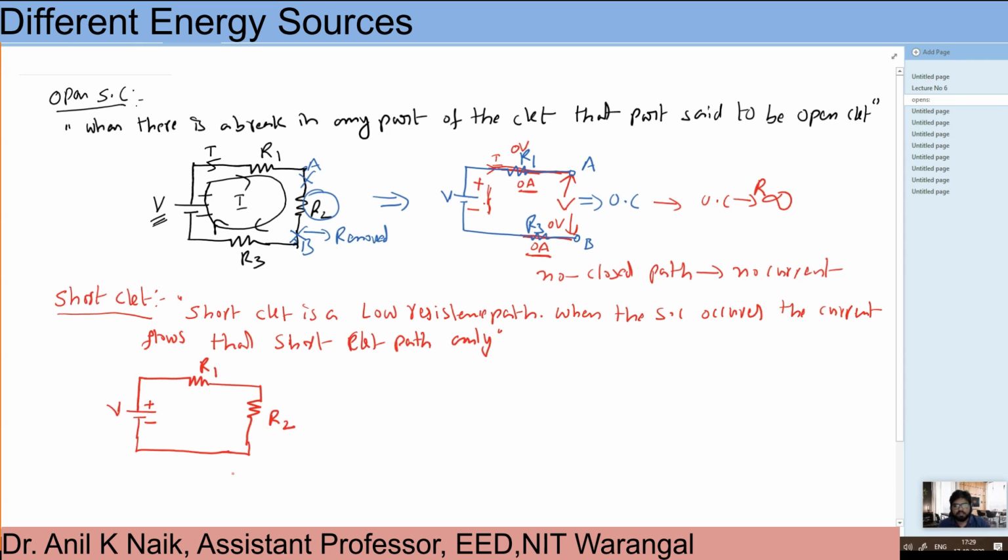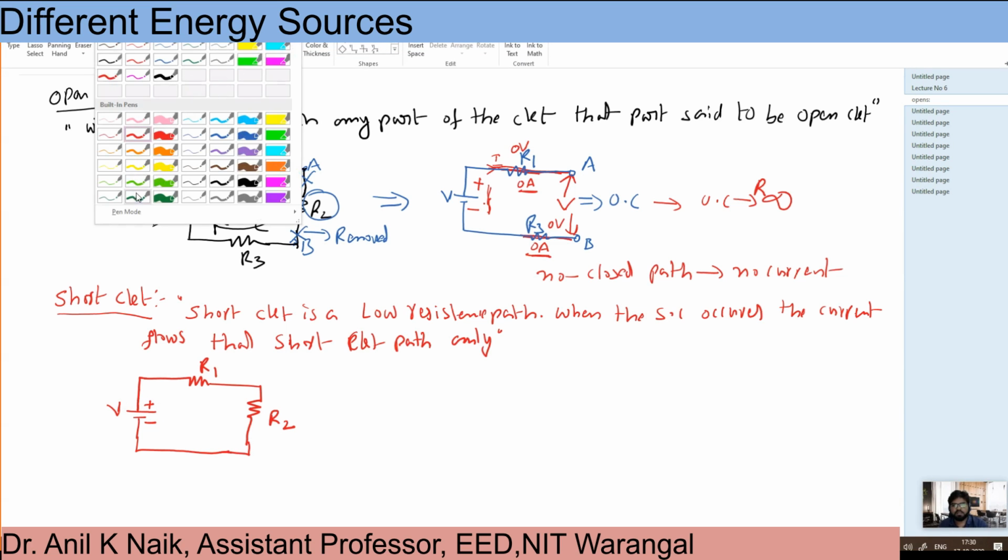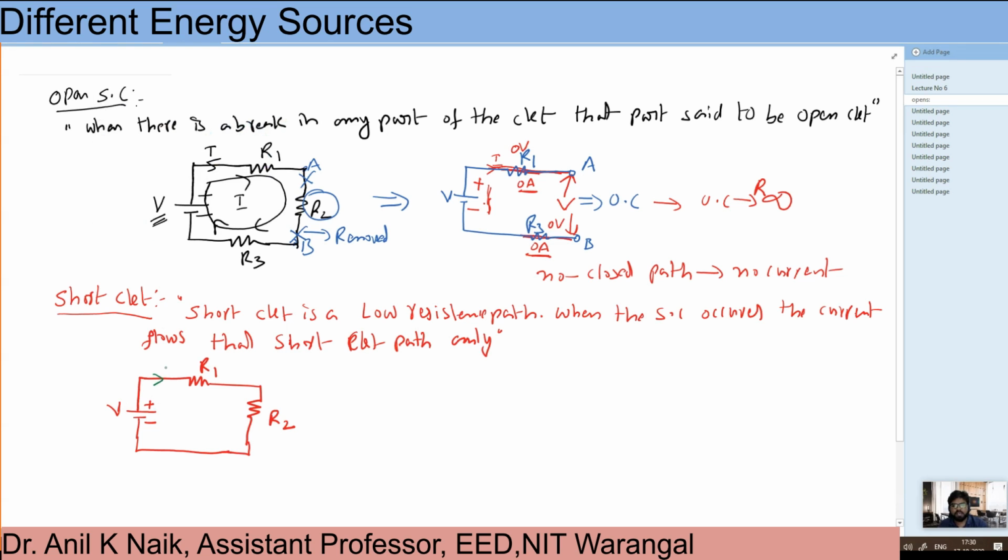This is the normal condition. My circuit is there, and a current I is circulating through it, going through and coming back as the same current I. So this is the normal condition of my circuit.